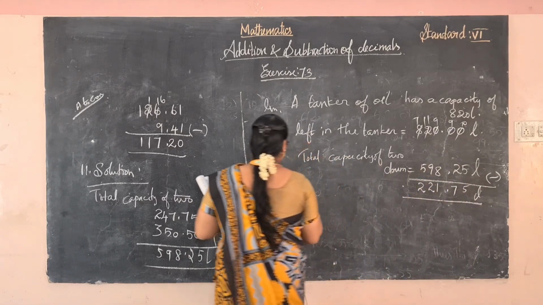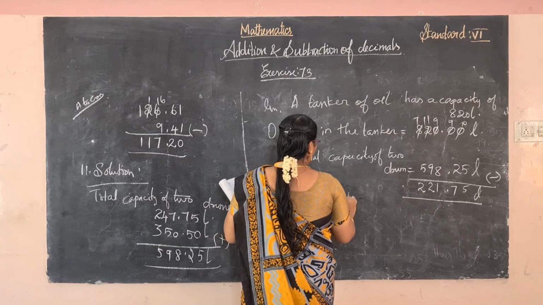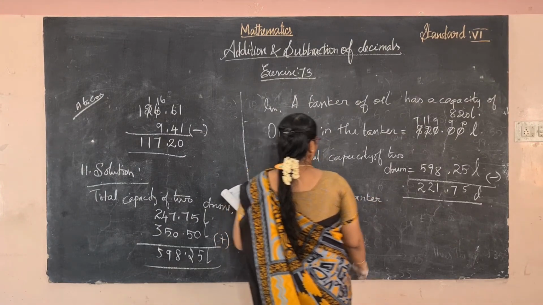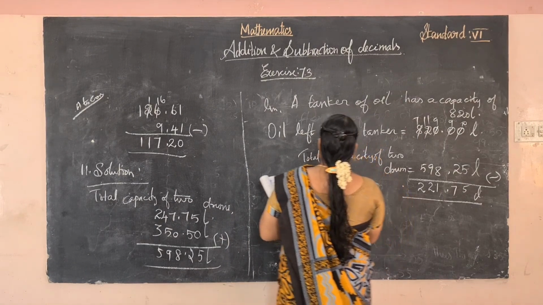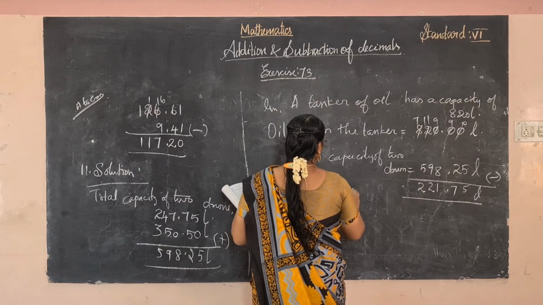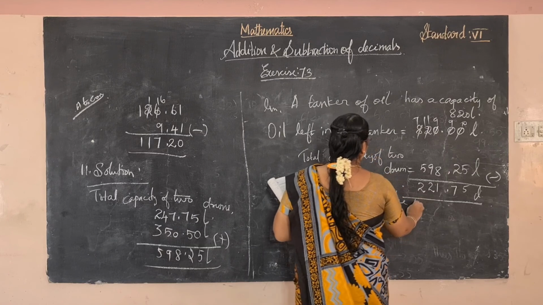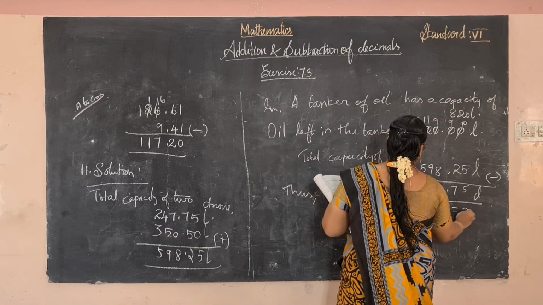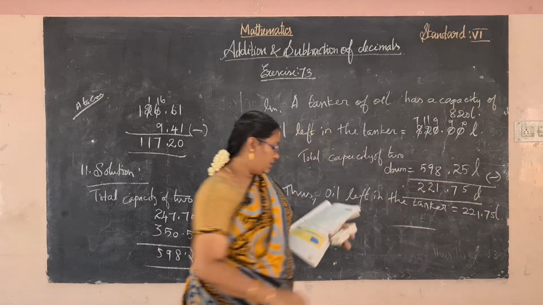Thus the oil left in the tanker is equal to 221.75 liter. Okay, that's it.